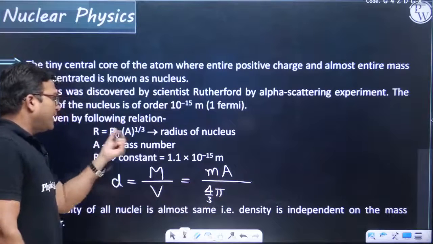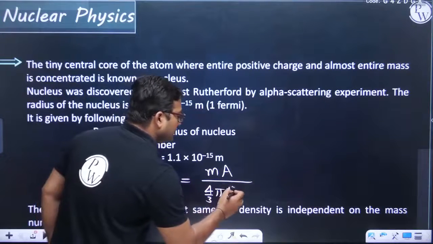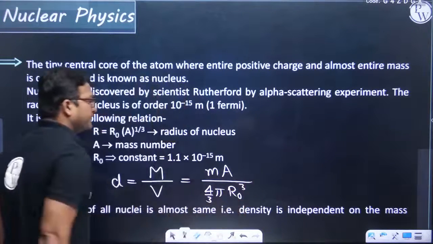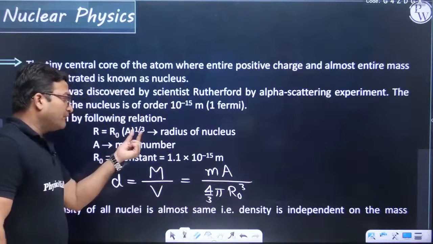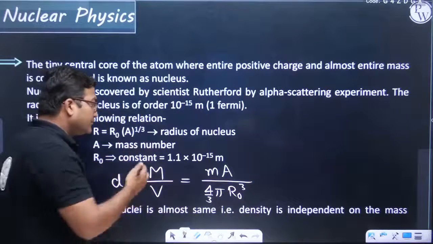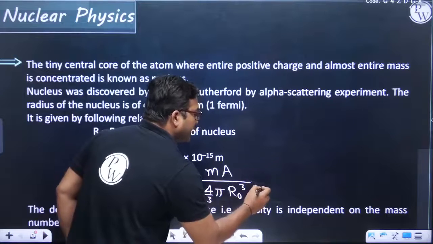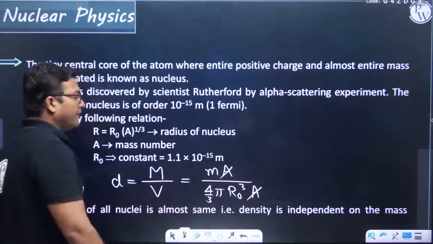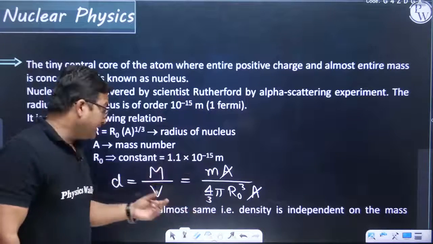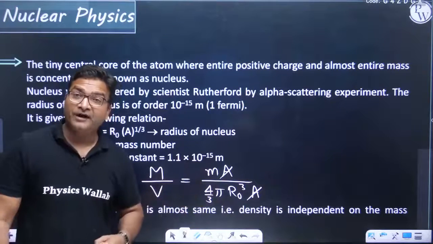But r cube can be written as r naught cube, and A to the power 1/3 raised to the power 3 becomes A only. And A cancels from numerator and denominator, and here you see the density is independent of mass number.